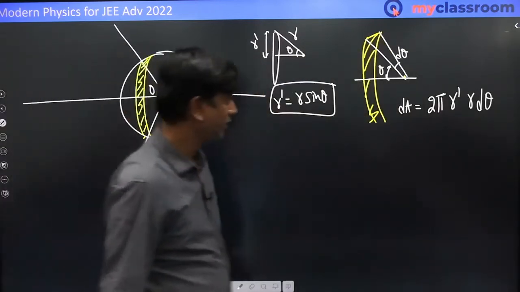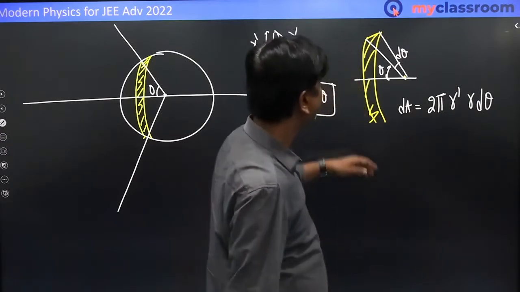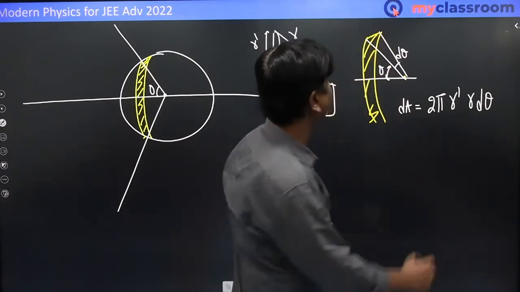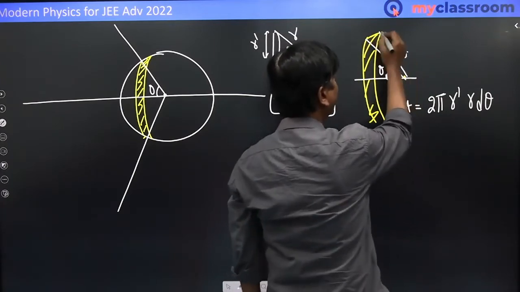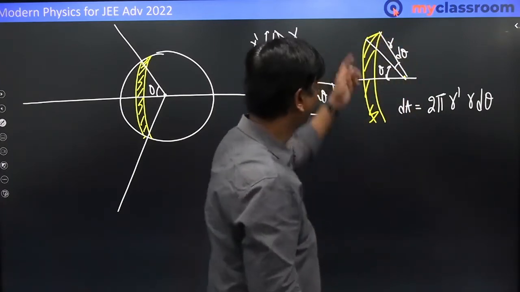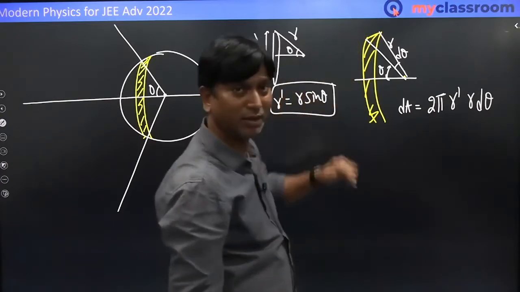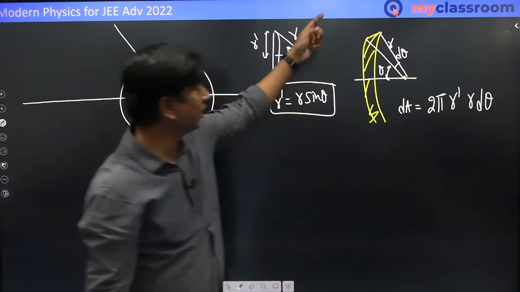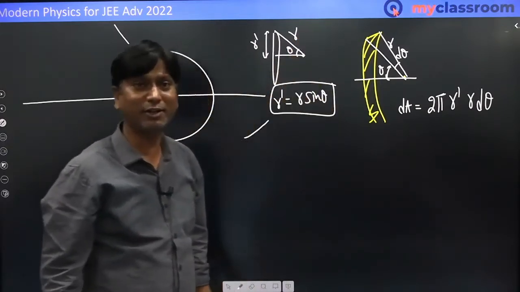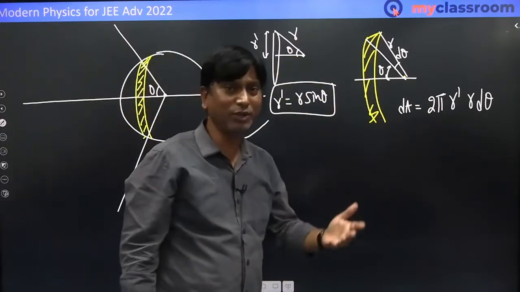So this thickness you are talking about, this is small r, this radius is small r, into d theta will become the thickness, into total circumference, which is 2 pi r prime. Thickness gives you the area of this strip, whatever you are trying to select. What is the use of that area of the strip?